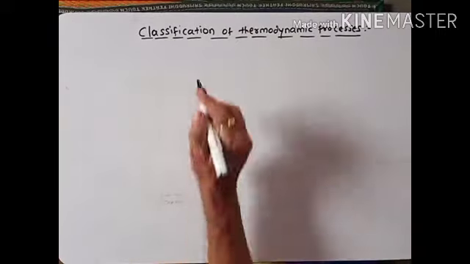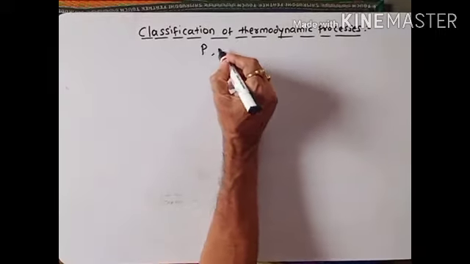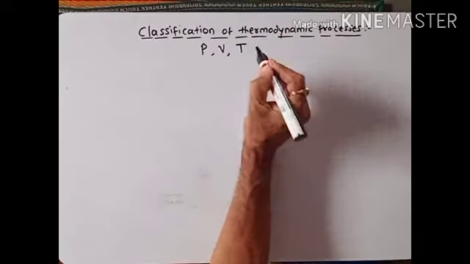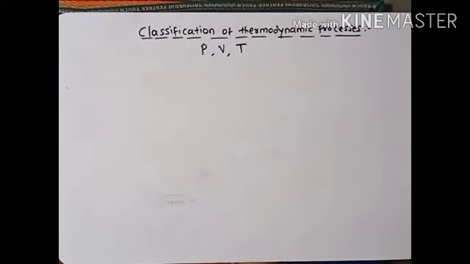See here, thermodynamic state can be described by its pressure denoted by P, volume denoted by V, and temperature denoted by T. That means P, V and T. These are three main variables in thermodynamics.